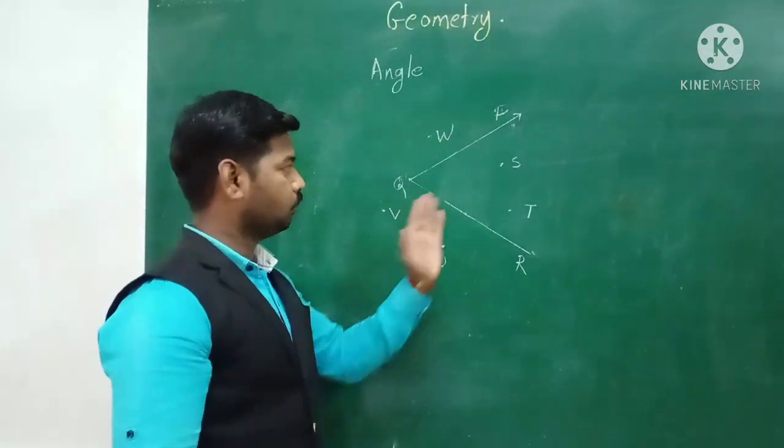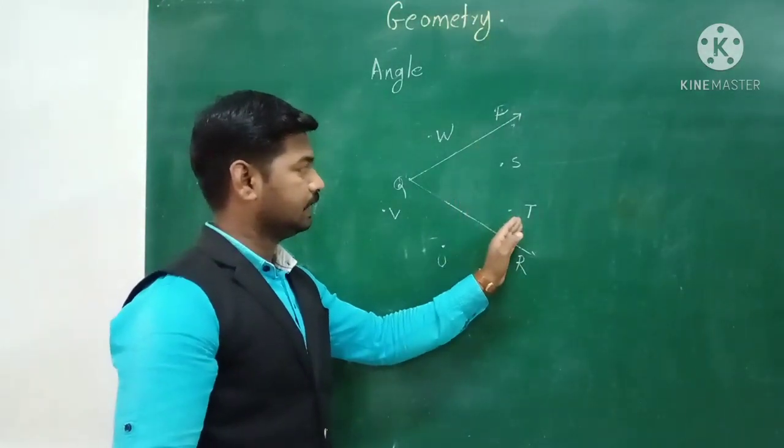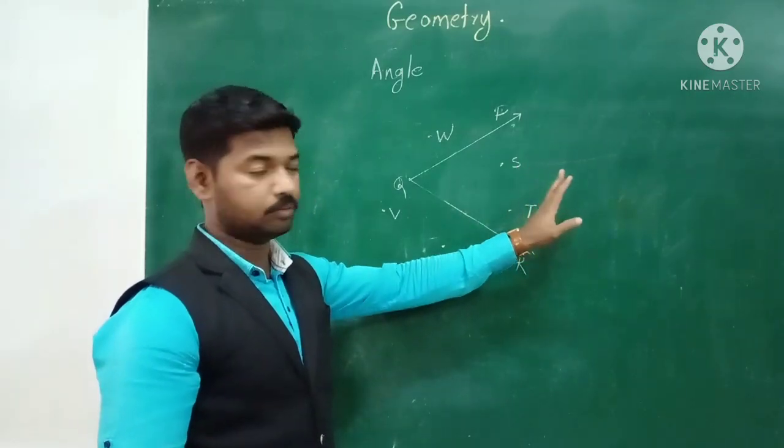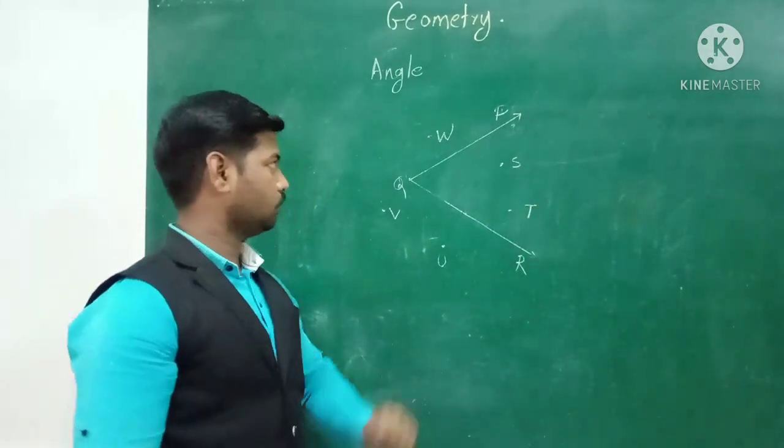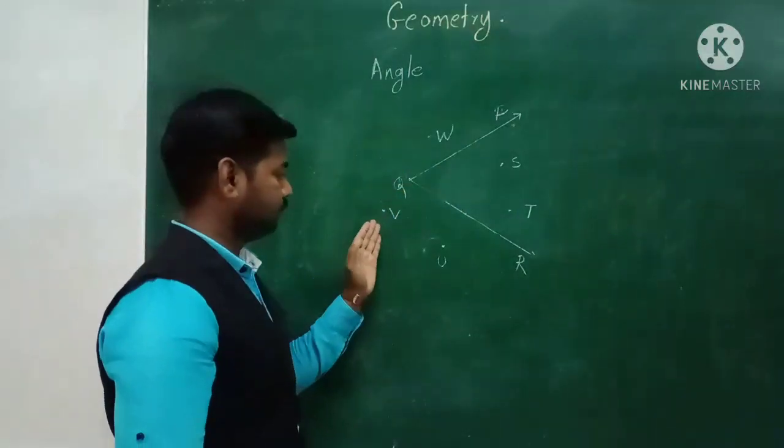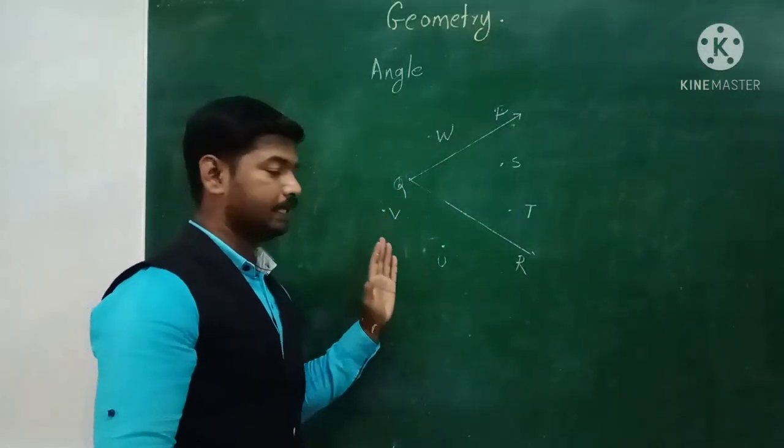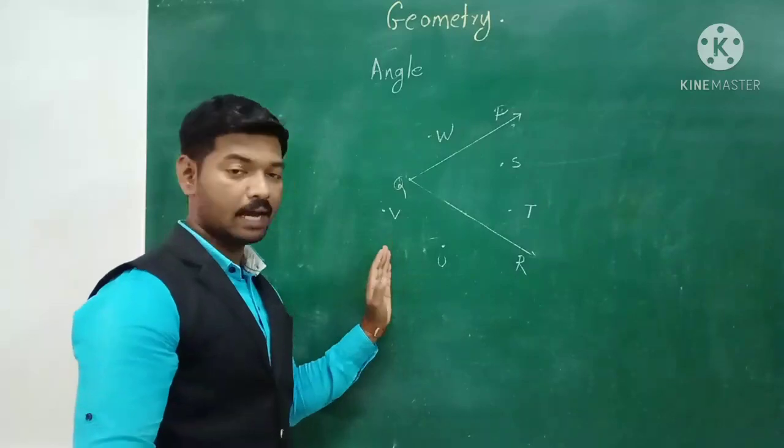So now you will see points F and T are interior points of the angle, and the points W, V and U are exterior points of the angle.